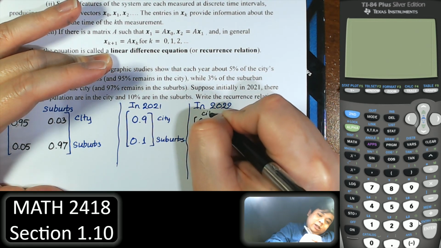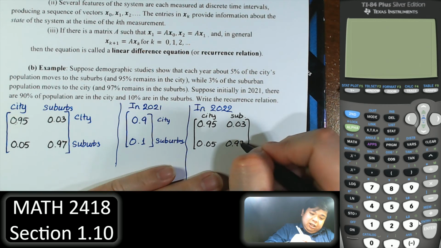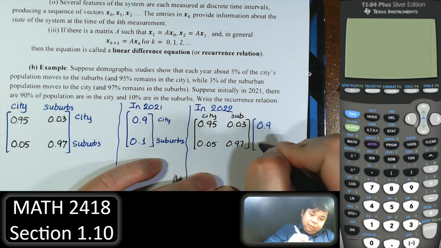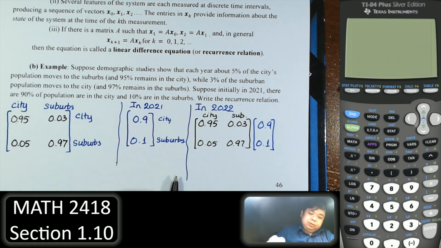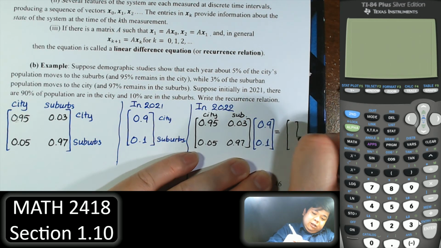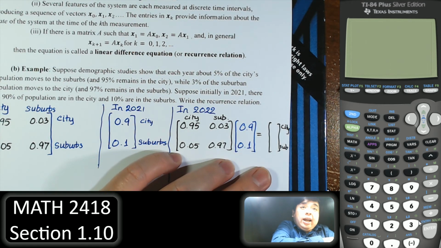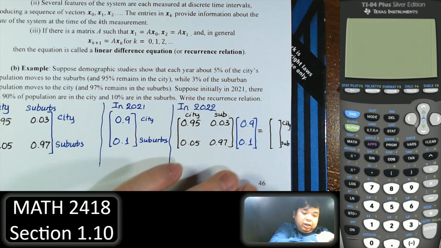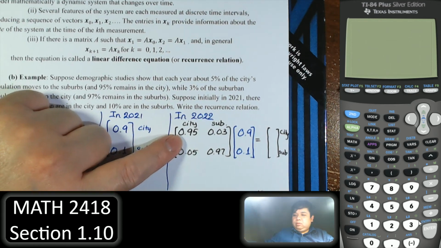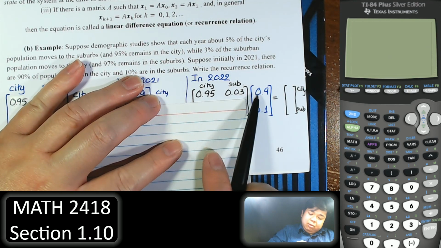So from city to suburbs, and then city and suburbs, and then multiplying whatever, equal to, that will be in the city and in the suburbs. Right. Now multiply row times column, row times column. So the first one, row times column.